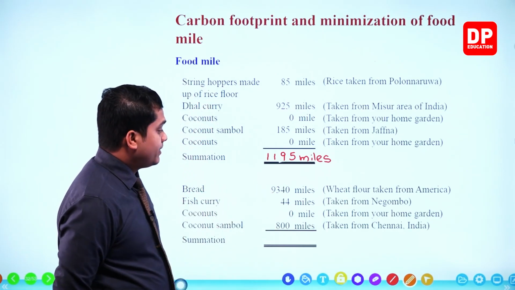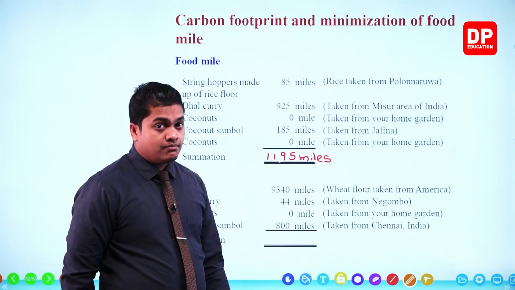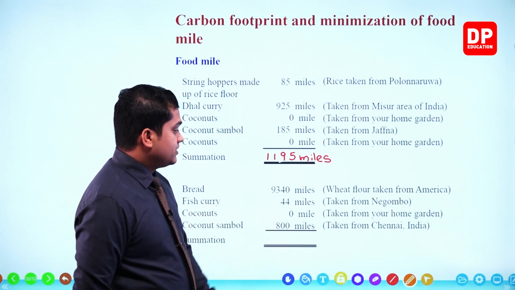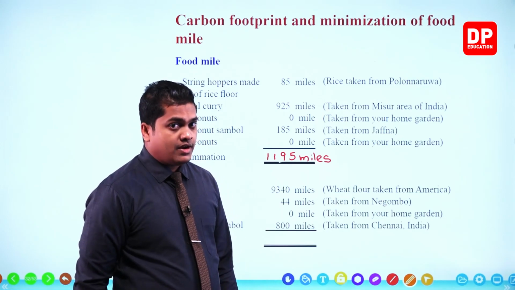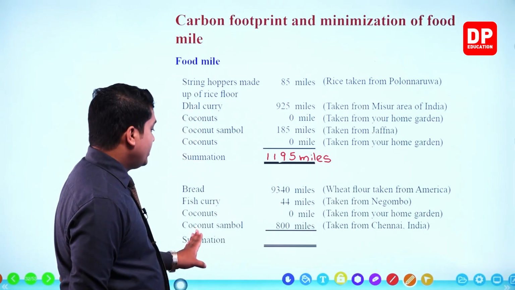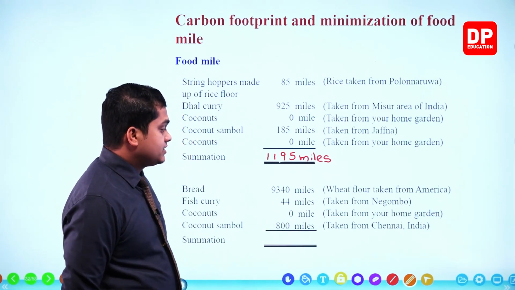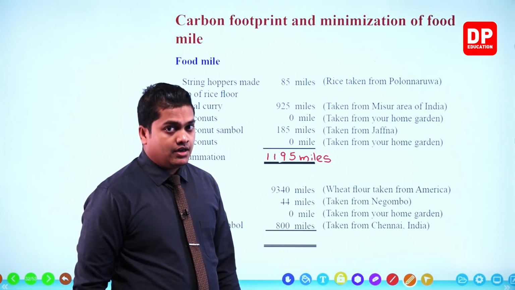So therefore, it has traveled 9340 miles. The next one, fish curry, 44 miles. It is taken from the Negombo region, so only 44 miles. Next one, coconut sambal. Coconut sambal has traveled 800 miles because this was taken from Chennai, India.